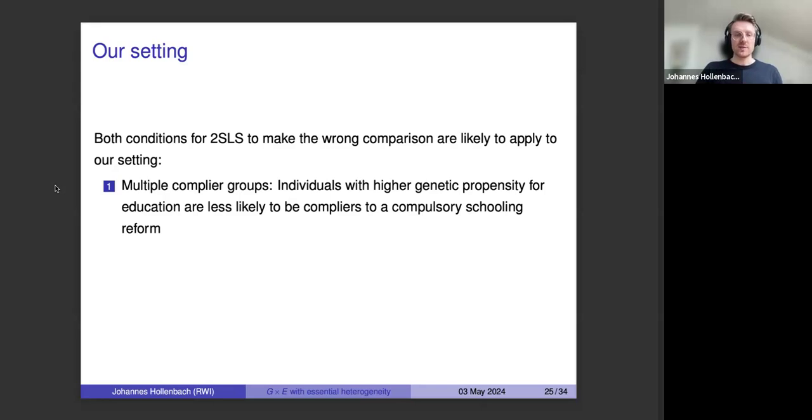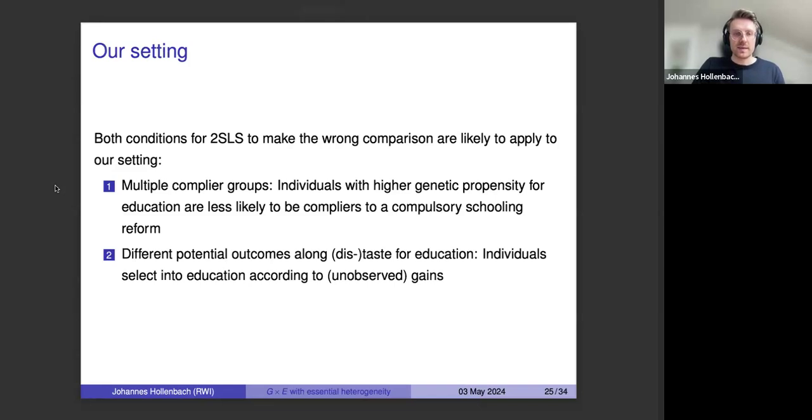If you have a high genetic propensity for education, you're more likely to have more years of education, and you are more likely to have chosen to stay in school until the age of 15 or even later anyway. That is an indicator for our G, the genetic component affecting instrument take-up, and that would then lead to multiple complier groups.